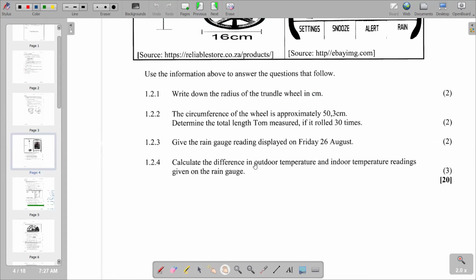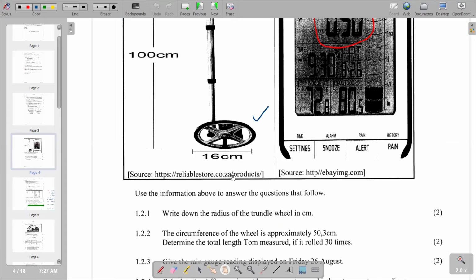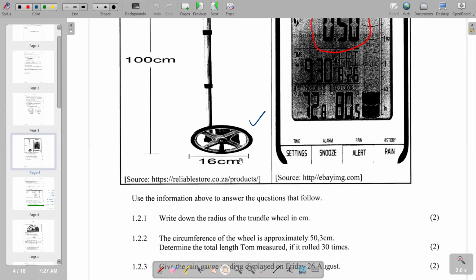Calculate the difference in outdoor temperature and indoor temperature readings given on the rain gauge. According to the information given, we have 80.5 represented by outdoor. Although it's not very clear, here we have the reading for indoor, 72.8.